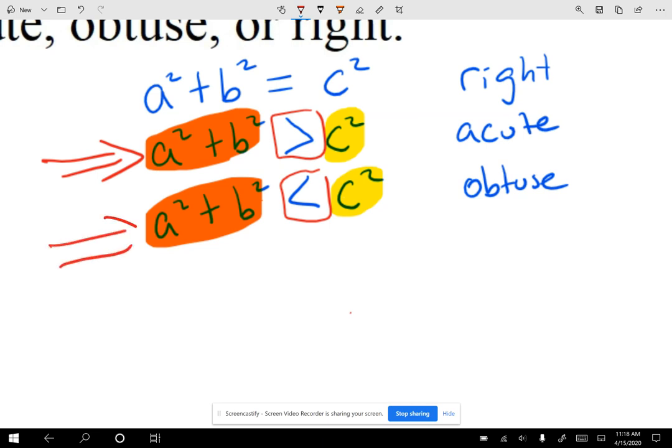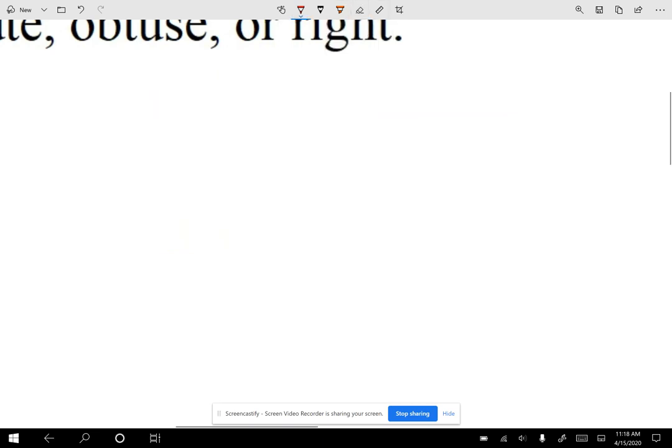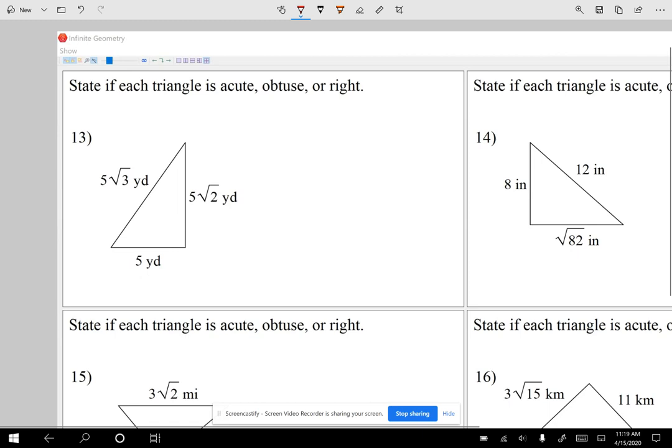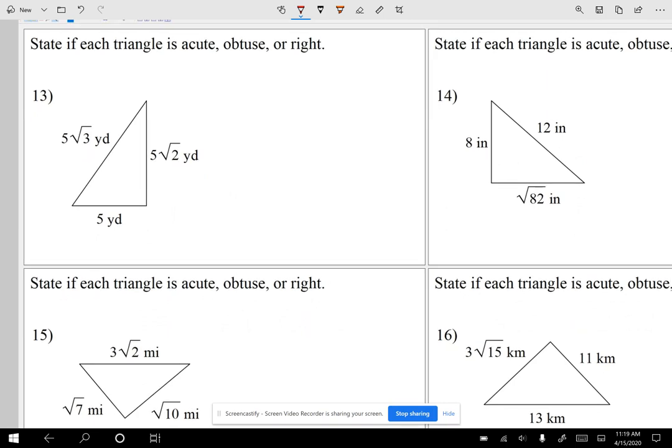Now looking at my last inequality here, c squared is still bigger. So when c squared is bigger, then obtuse. And remember, from the three sides of the triangle, make sure you know this: the one that is bigger, that's the one I'm going to call my c squared, or my c.